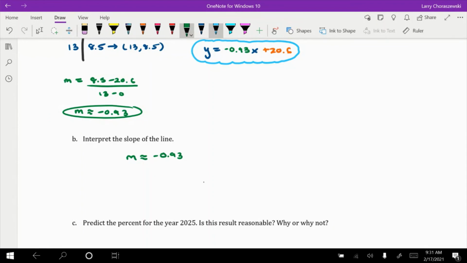And as we were doing in the last example, not part A, but the one from the last page, I'm going to set this on top of 1. The negative 0.93 would represent a change in y, or change in percent of 12th graders reporting. And then the 1 would represent change in x. Does anybody want to offer what they think the interpretation of the slope might be with this information?